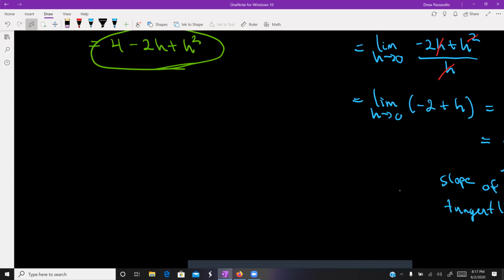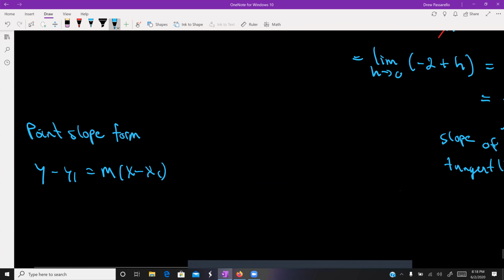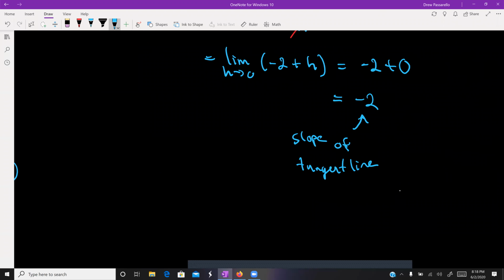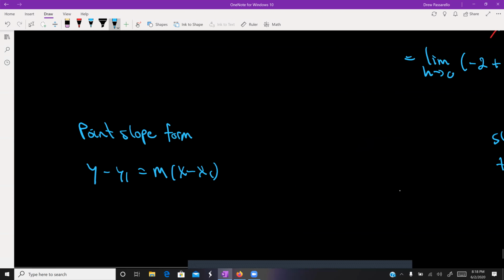So I'm going to use point slope form. That's y minus y1 equals m times x minus x1. I know the slope is -2, so that's what m is. Y minus y1 equals -2 times x minus x1.